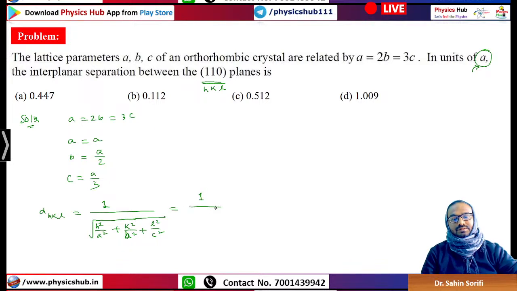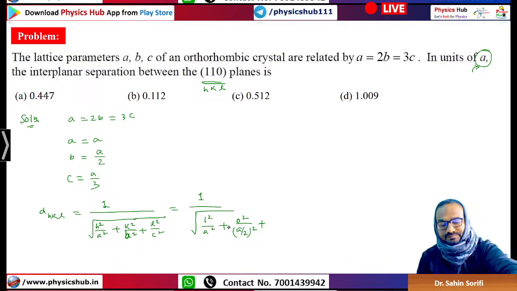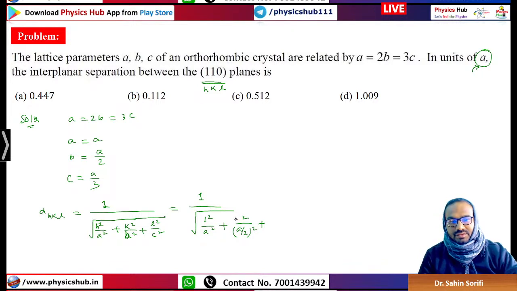This equals h is 1 by a, k is 0, b is a by 2, l is 0, c is a by 3 square. Why am I making this much mistake?